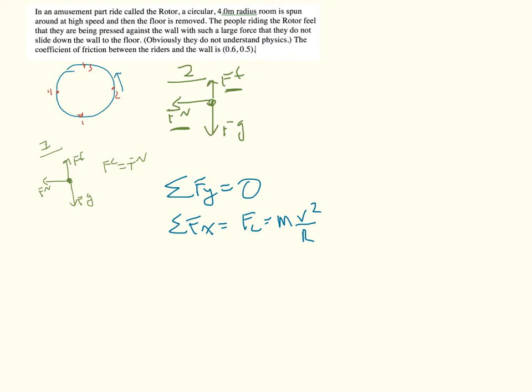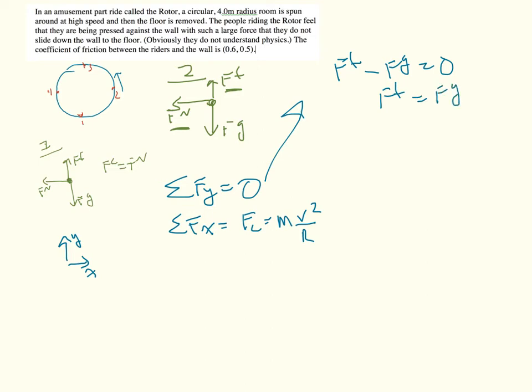Okay, so we'll call y, we'll call x. So sum of forces in the y, then we've got the force of friction minus the force of gravity has to equal 0. So the force of friction has to equal the force of gravity.